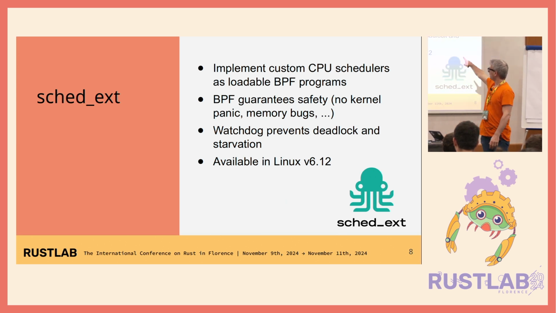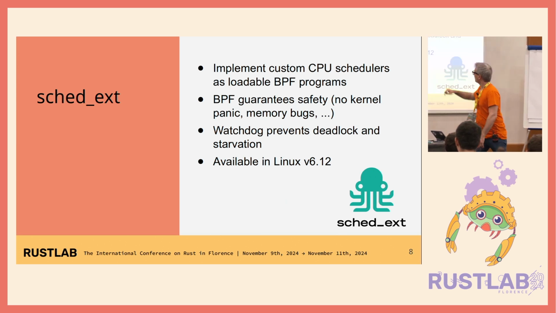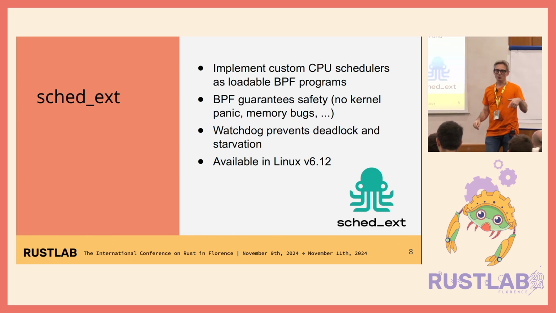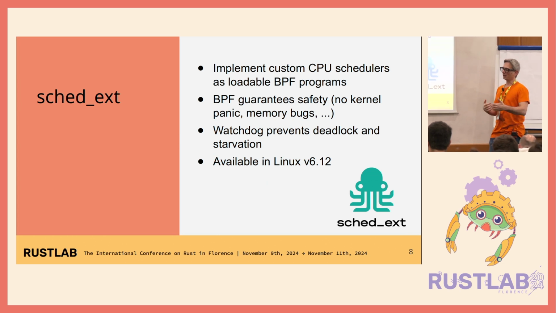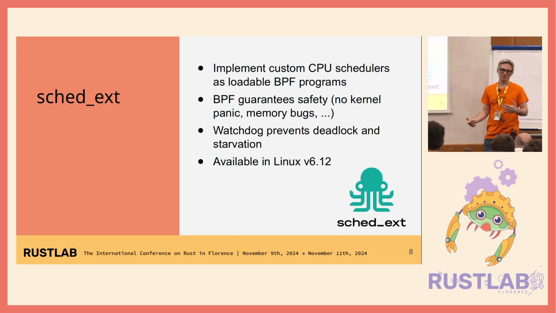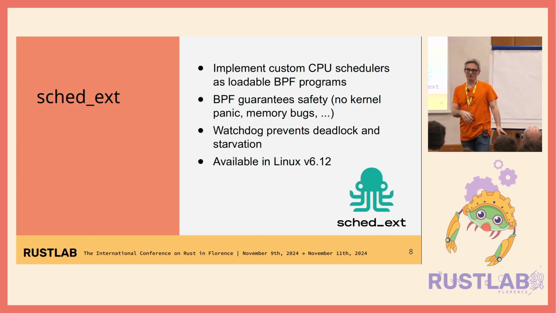One other important thing is this one up here. There's also a watchdog in the in-kernel subsystem of sched-ext that monitors every task, and if a task doesn't run for a certain amount of time, it will automatically kick out your scheduler.